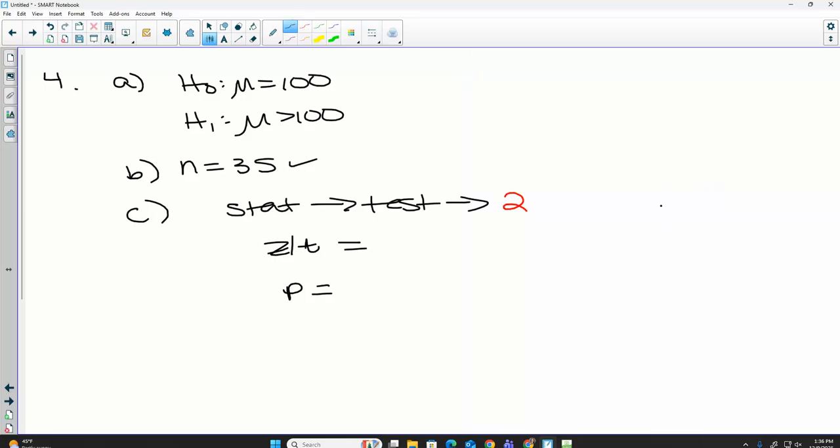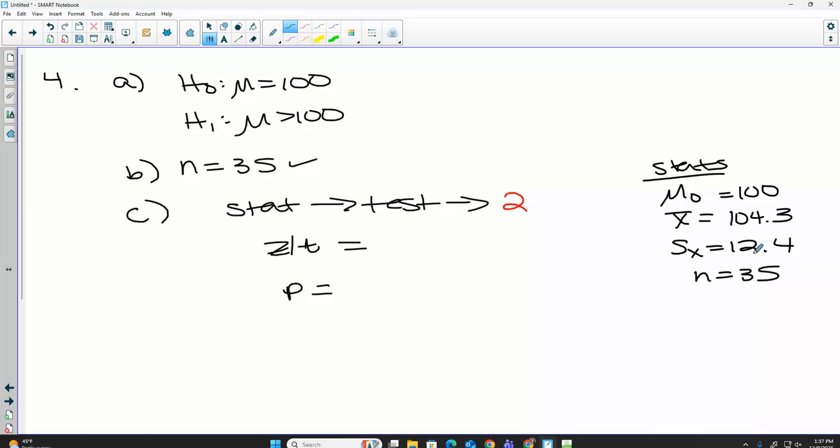So the mean of the null is 100. My X bar, my sample mean, was 104.3. My sample standard deviation was 12.4. And my n was 35. We are testing greater than.